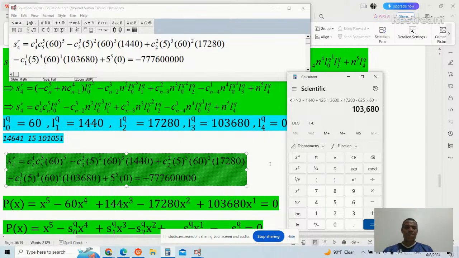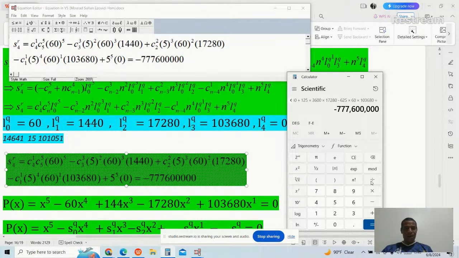I'll just make the calculation, equal sign. This has to be equal to negative 777,600,000. So this one, learners, if you can see, in fact, is equal to this one.